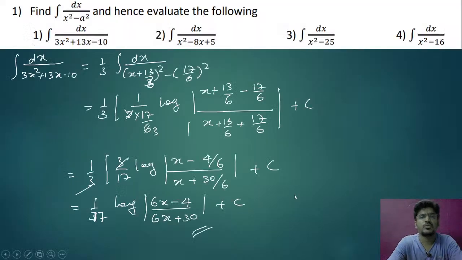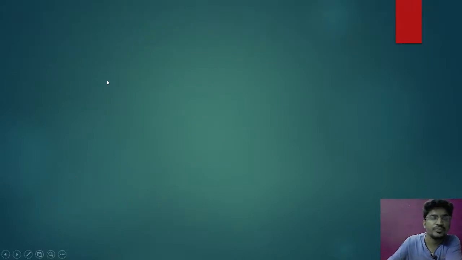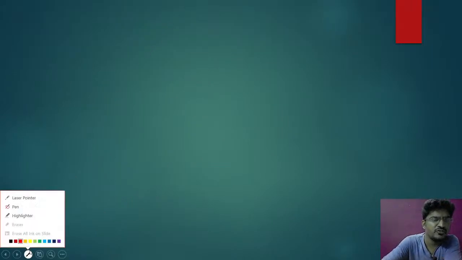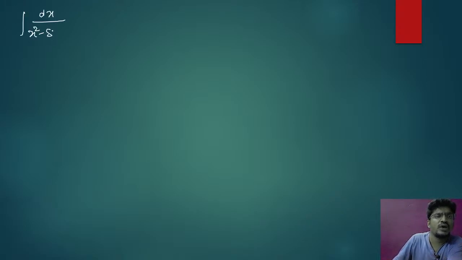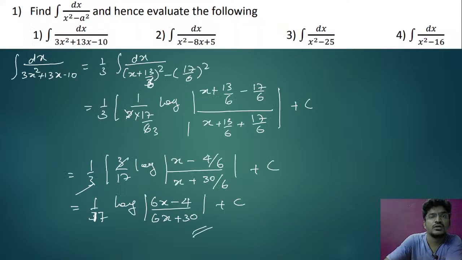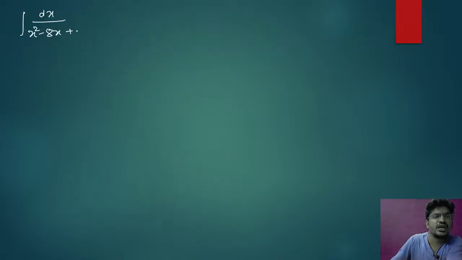See the second problem, that is integration of dx divided by x square minus 8x plus 5. So here you have x square minus 8x plus 5. So 1 is the coefficient of x square, no problem.